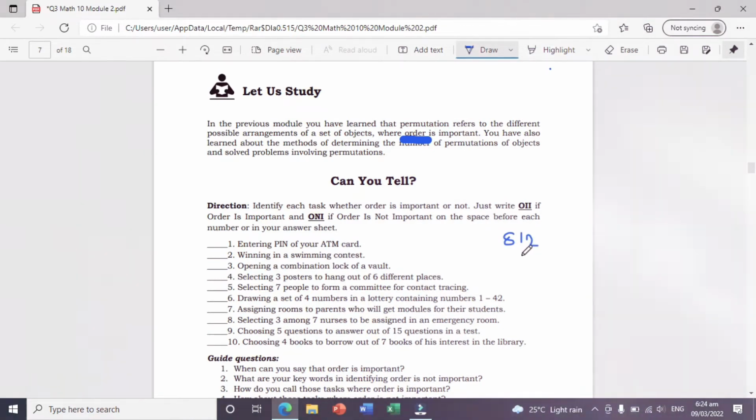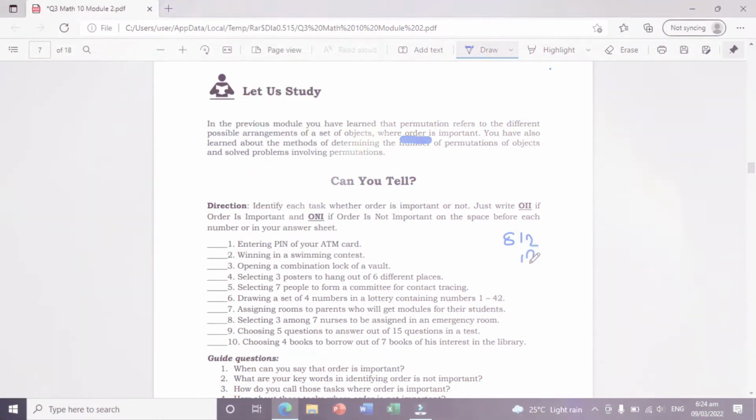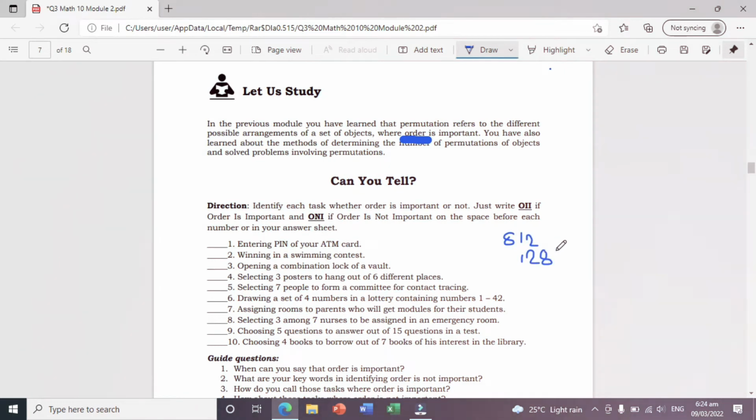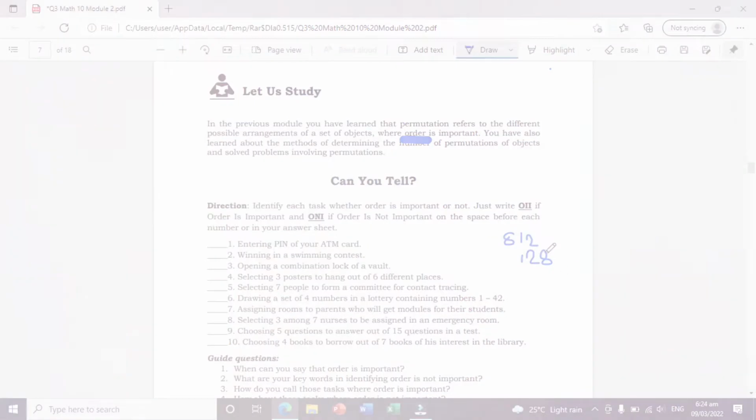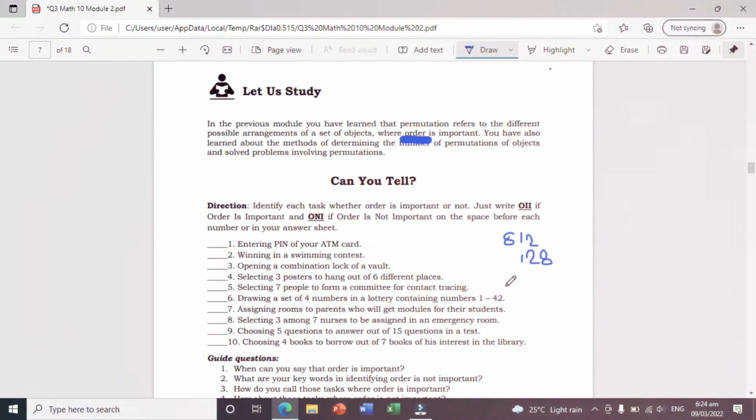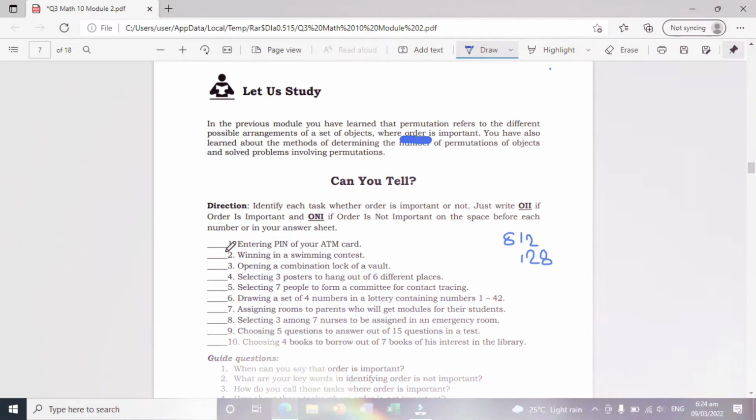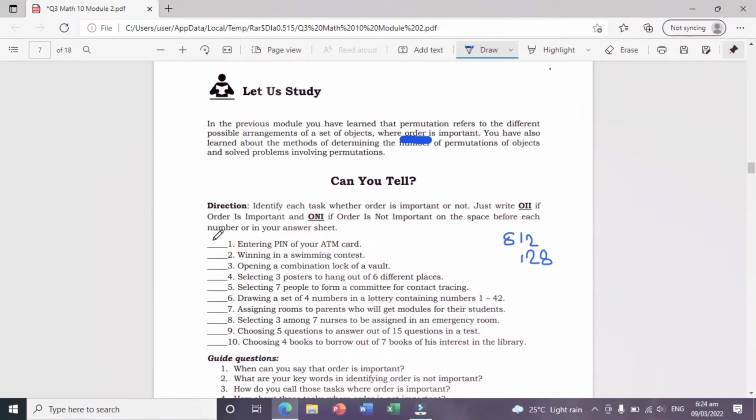What if ang nalagay mo is 128? Possible ba na ma-open yung account mo dyan? Yes or no? So hindi. So is the order important? So yes, indeed. So ano yung susulat natin dito? Order is important. So you're going to write OI.